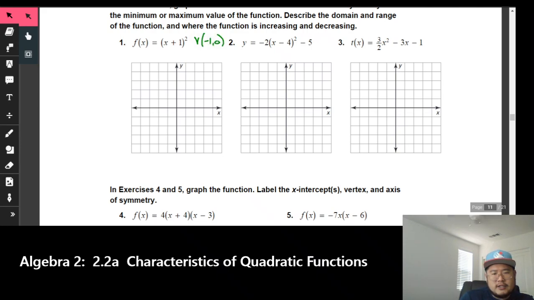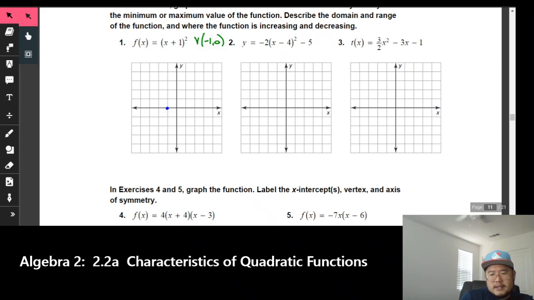Remember, this is h, out here is k, but there is no number, so it means it's 0, right? So there's our vertex. Let me put the vertex down at -1, 0. If we compare to the parent function, our parabola has shifted 1 unit to the left.